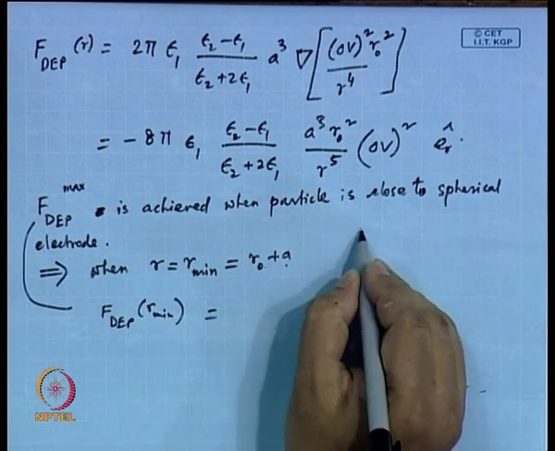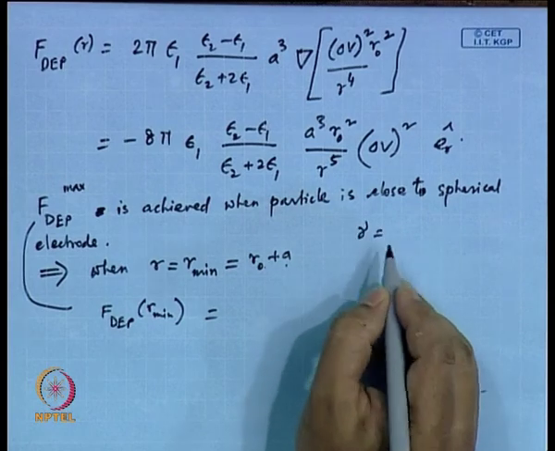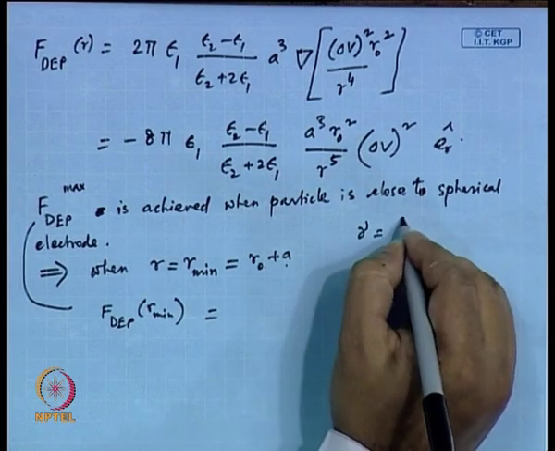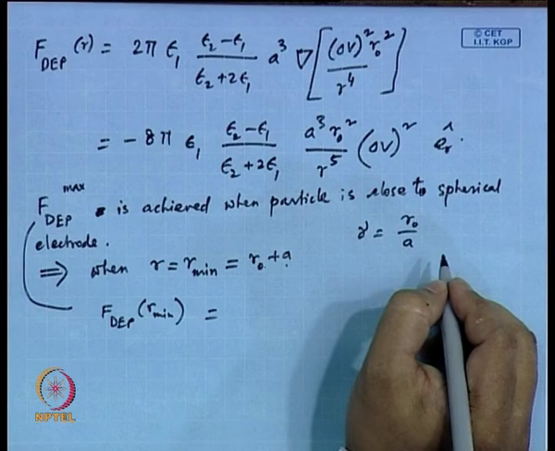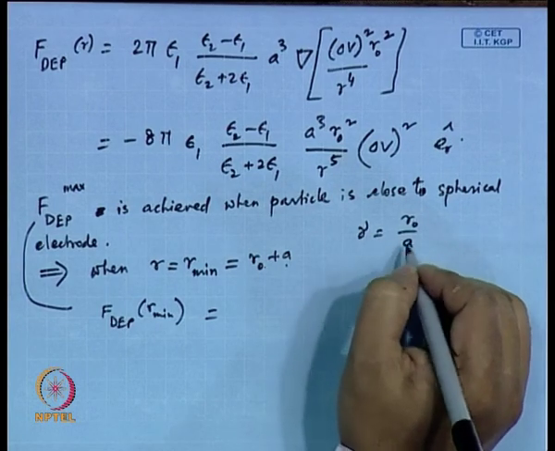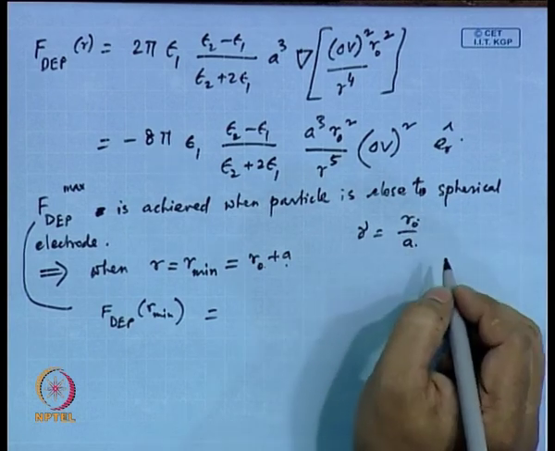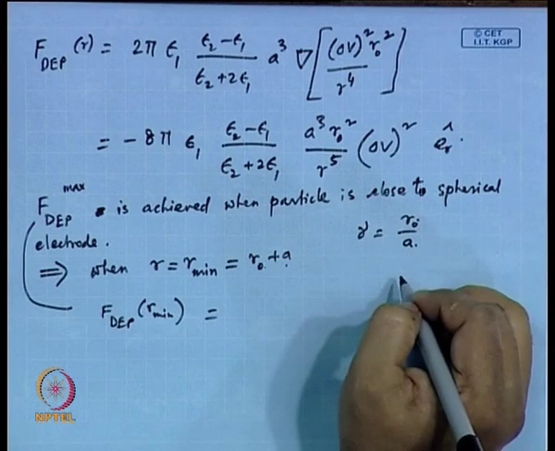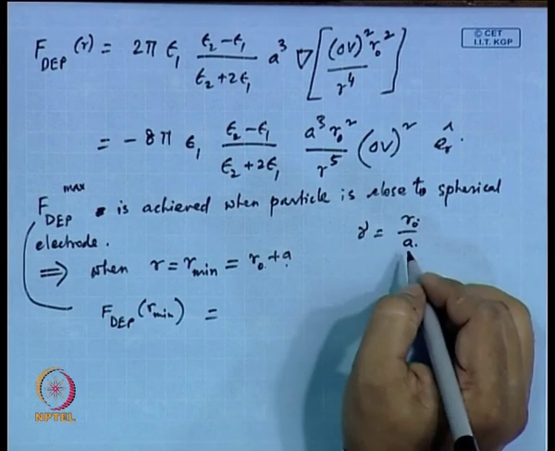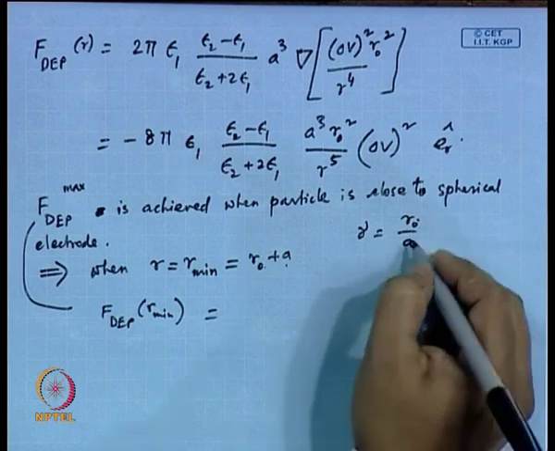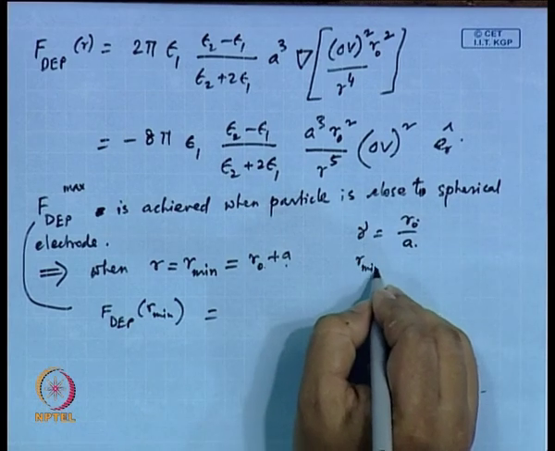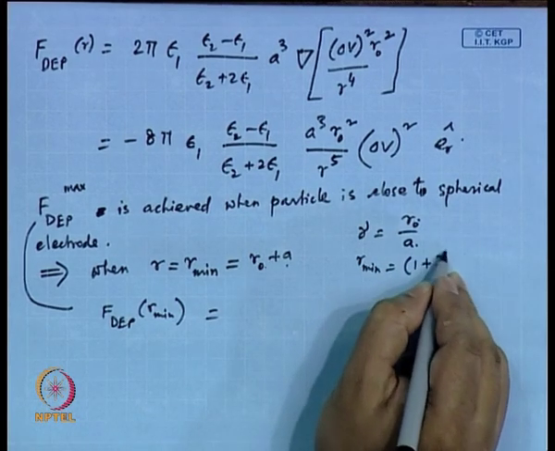Let us call gamma equal to r 0 divided by a. This is basically the radius of the electrode divided by the radius of the particle. Let us consider this as a characteristic constant for the system. In that case, r min would be equal to 1 plus gamma into a.